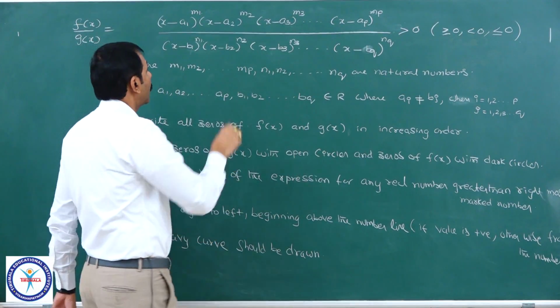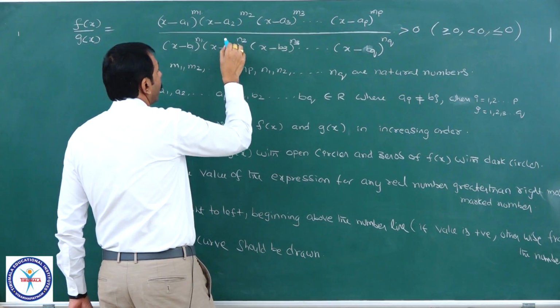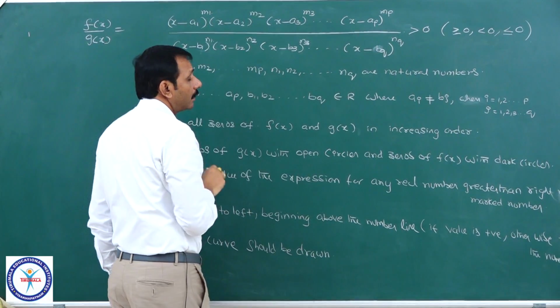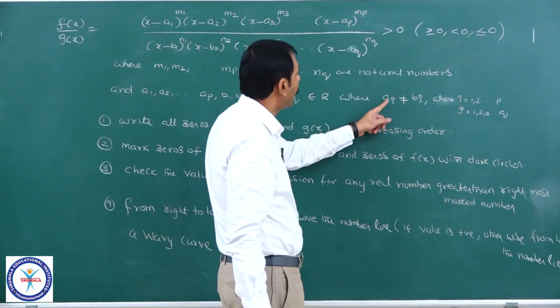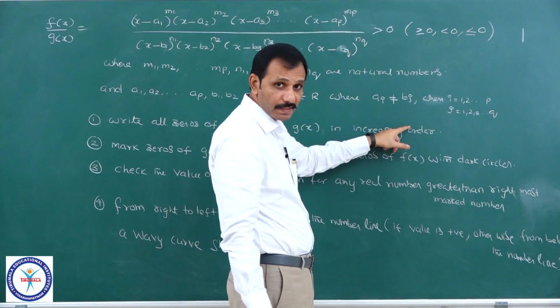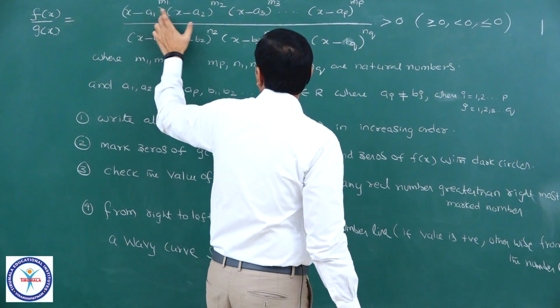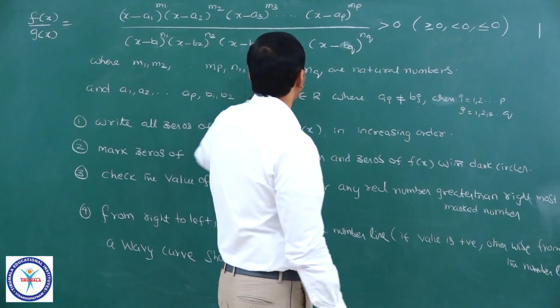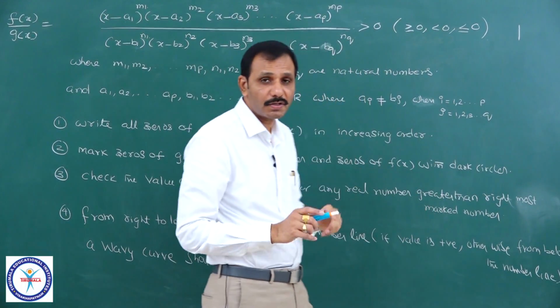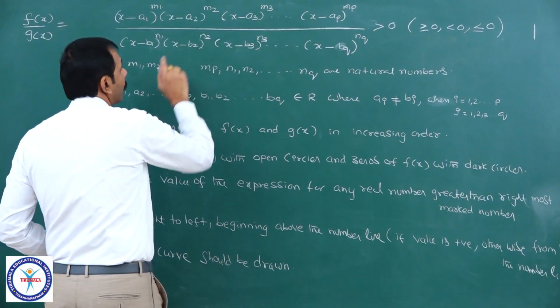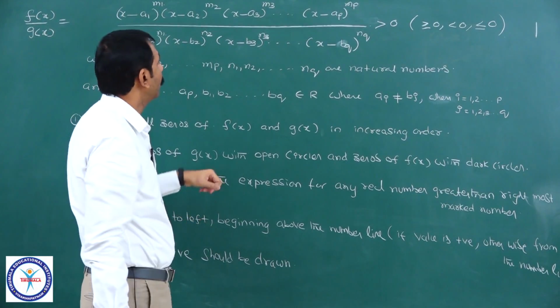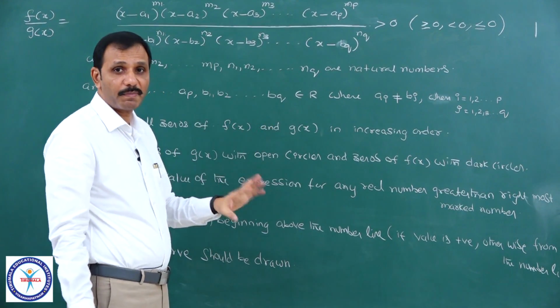But of course, none of the factors in the numerator coincides with a factor of the denominator, that is, ai is not equal to bj, where i takes values from 1 to p and j takes values from 1 to q. Hope you understood. Whenever they give an inequality, the numerator factors will be completely different from the denominator factors.